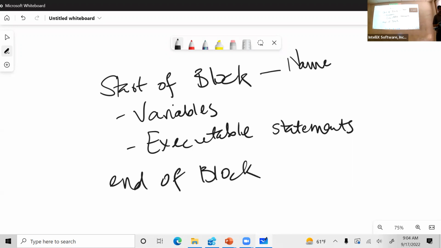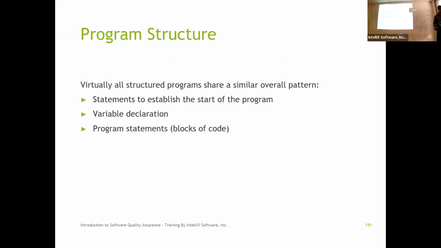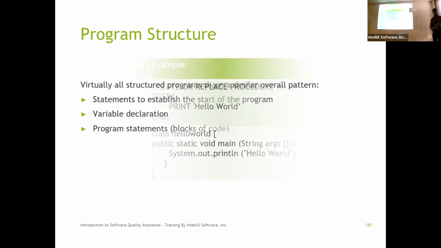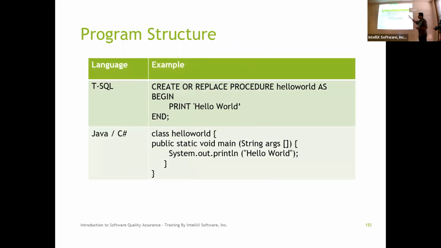Okay, so let's take a look at a sample program. There are two different languages. The top one is Transact SQL, which is the language typically used for manipulating data from a database.